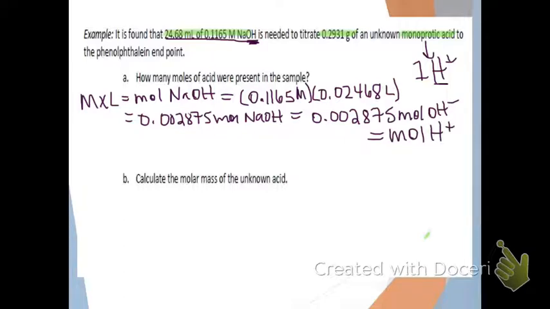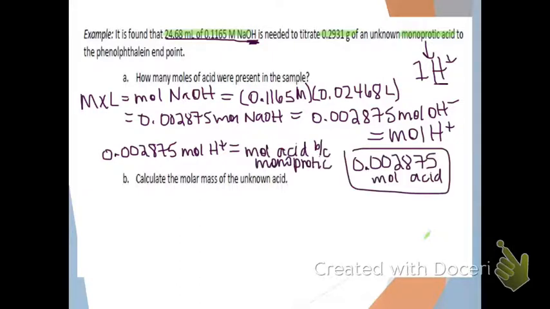So we also have 0.002875 moles of H+. Because we have a monoprotic acid, which again meant that our acid had one single proton in it, our moles of H+ is equal to our moles of acid. So in the end, we find that we had 0.002875 moles of acid present in our original sample of that monoprotic acid.